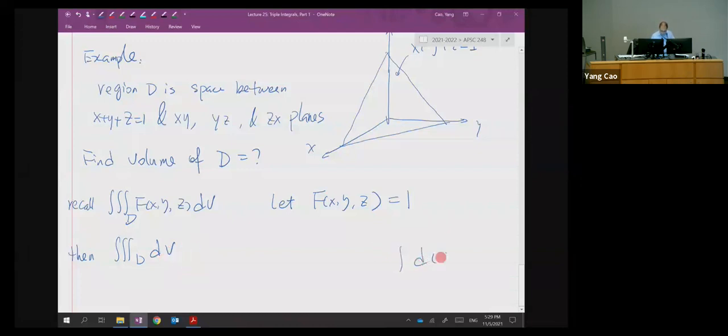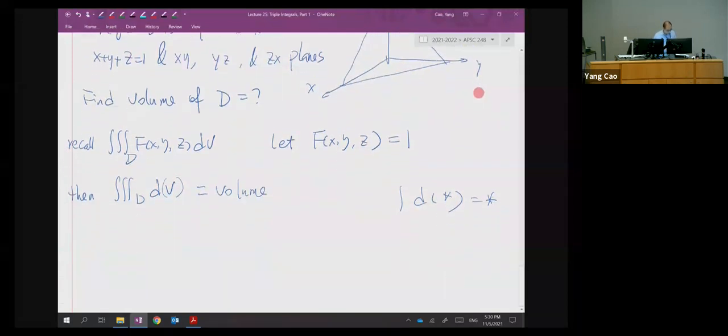When you integrate d of anything, you get back whatever is in the bracket. So now you're integrating dV, so you should get the volume. This integral should give you the volume of this region D. That's what we're going to use. All I need to do is choose dv to be dz, dx, dy, or whatever combination of the three variables. So choose the order. Let's just choose dz, dy, dx, as we did in that generic question.